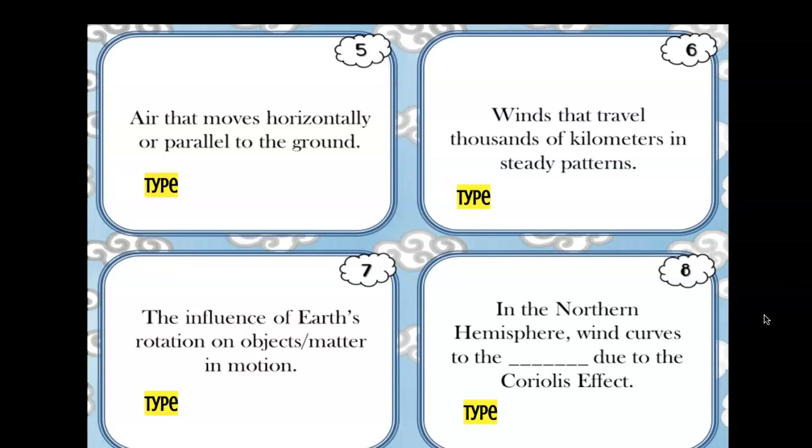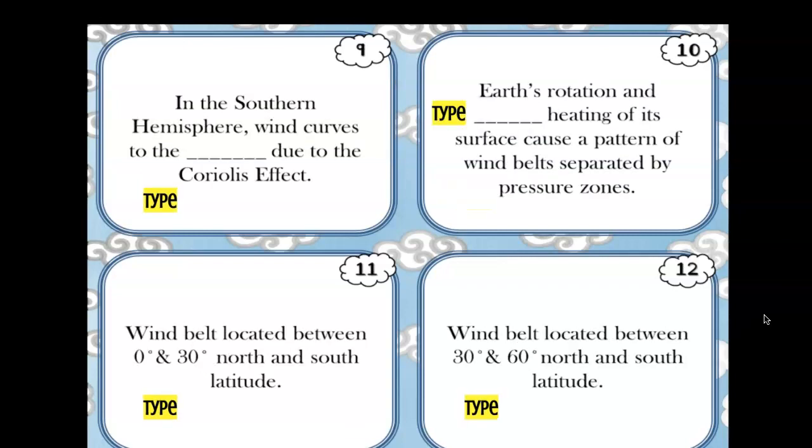Number 8, in the northern hemisphere, winds curve to the right due to the Coriolis effect. So the northern hemisphere is where we live. It's above the equator. When the Earth is rotating, the Coriolis effect causes the winds to first curve right before making its circular path. Number 9 talks about the southern hemisphere.